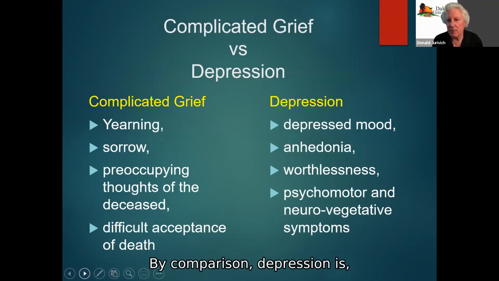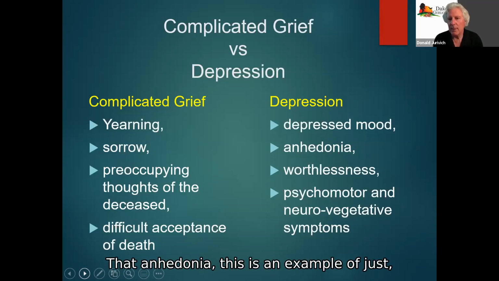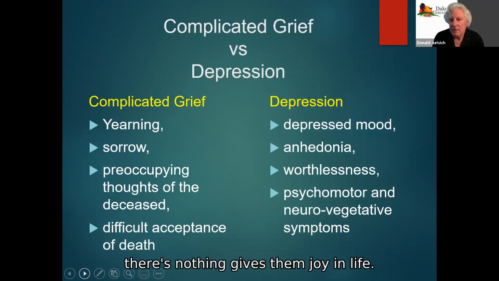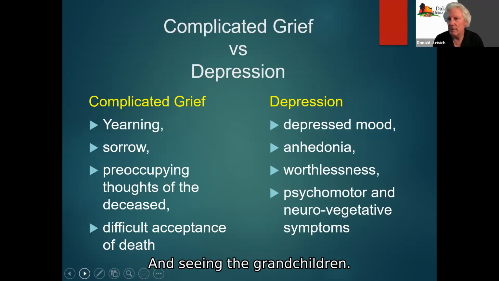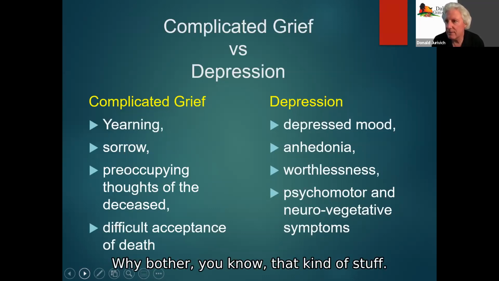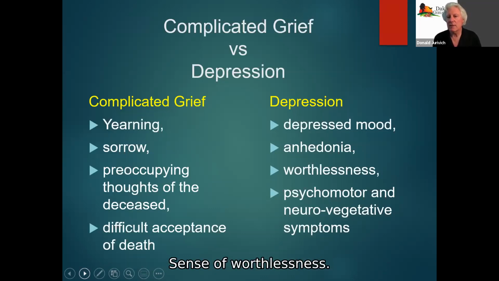By comparison, depression is, instead of this yearning, I wish things were better, just a flat-out down mood. They have no sense of pleasure. That anhedonia is an example of there's nothing that gives them joy in life. Seeing the grandchildren, why bother? That kind of stuff. Sense of worthlessness. I don't know what good I am.